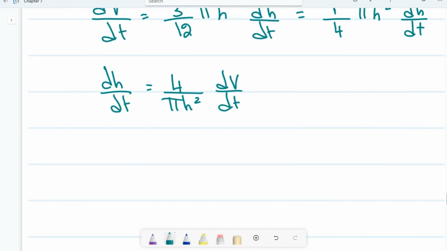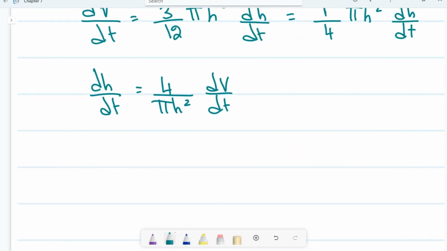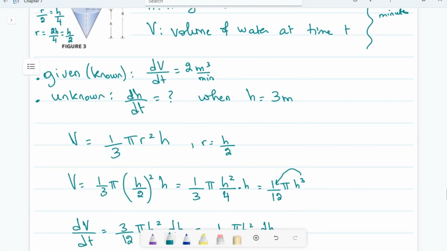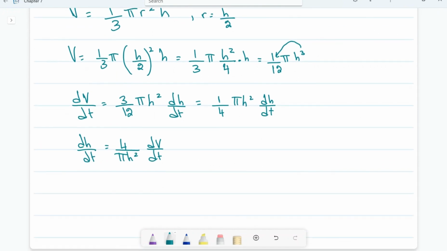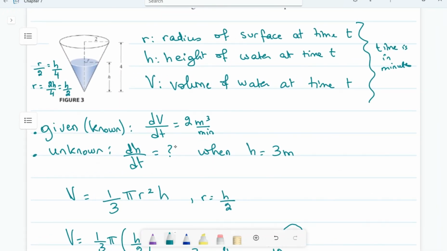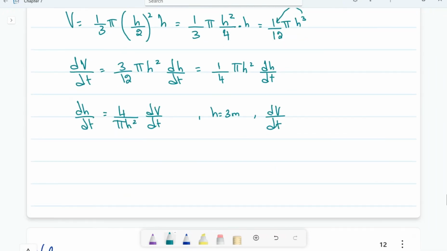Now we would like to plug in the values that we know in order to solve for dh/dt. So what is h? We would like h to be 3 meters. So I will write this down. h equals 3 meters. And dV/dt was given to be 2 meters cubed per minute.